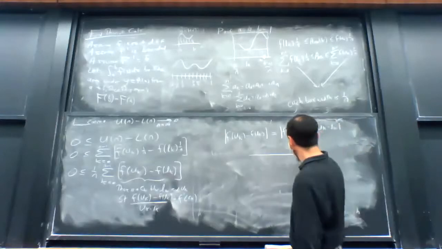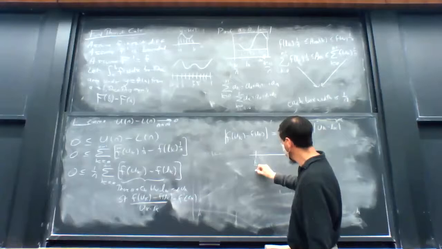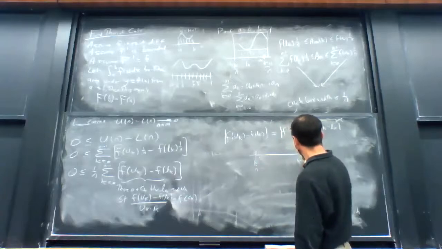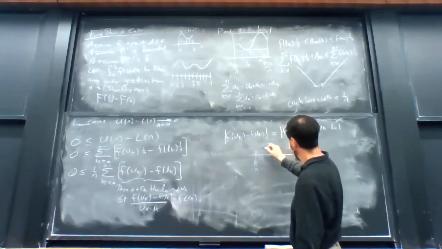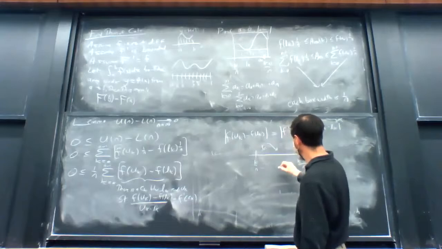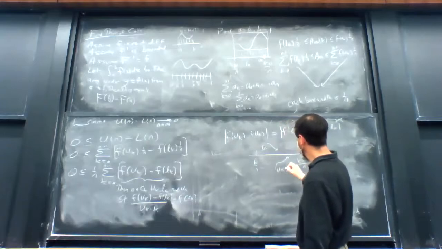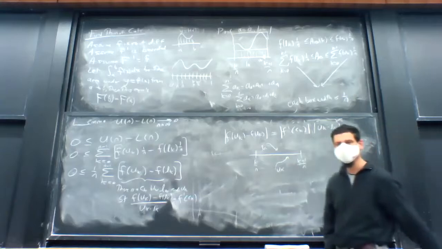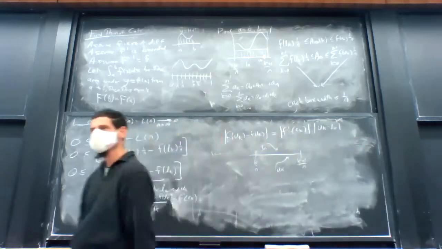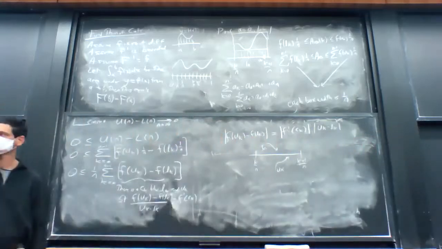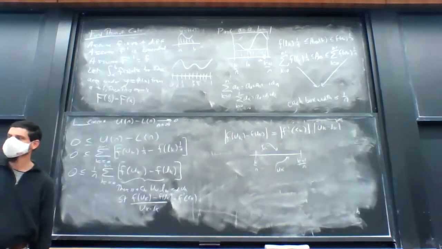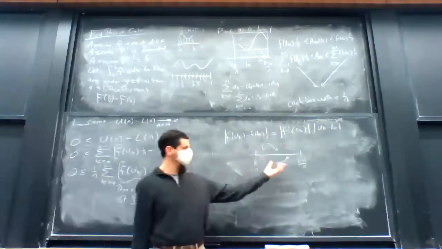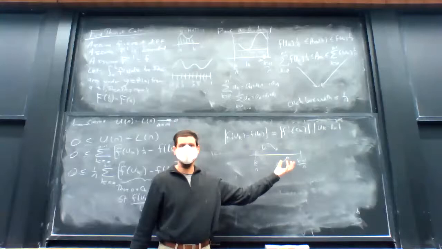So now, let's think. Here's k over n, here's k plus 1 over n. lk is some point in here, uk is some point in here. How far apart can lk and uk be? What's the furthest apart they could be? Where would you put lk and uk in this interval to make them as far apart as possible?